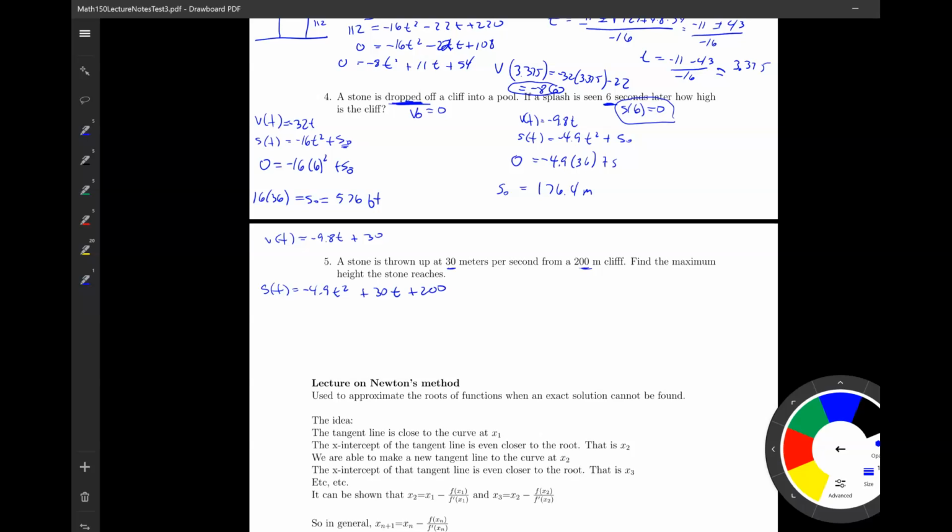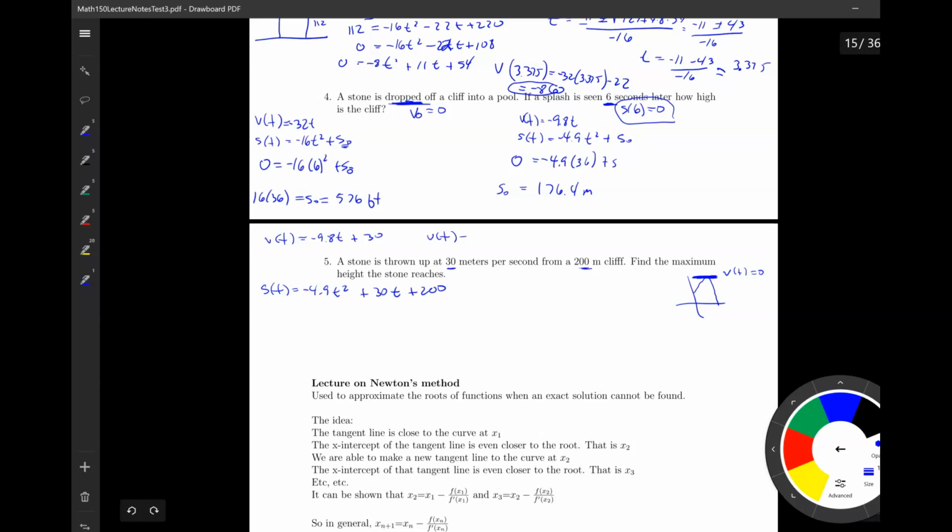All right, so this one here is asking us to find the maximum height that the stone has reached. So even thrown up from a cliff, it still goes up and it comes back down. So the maximum height is going to occur when the velocity is equal to 0.